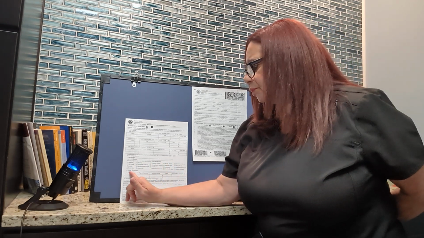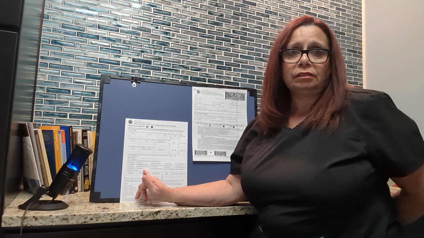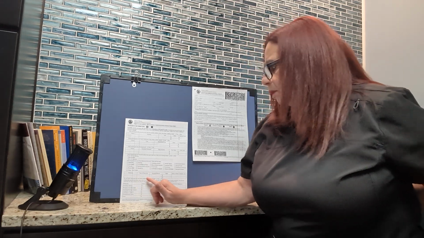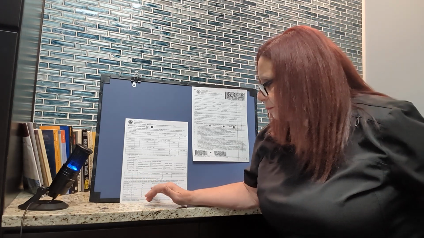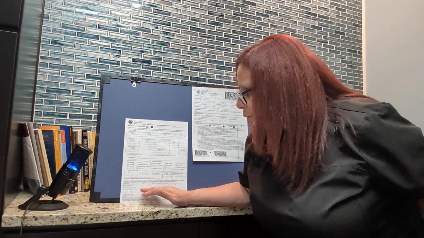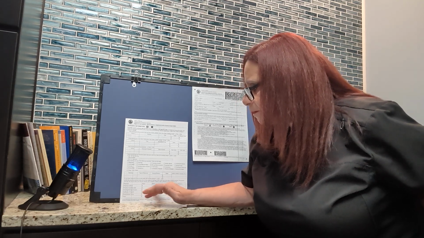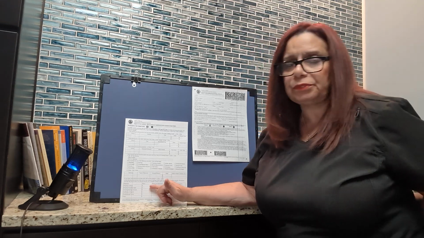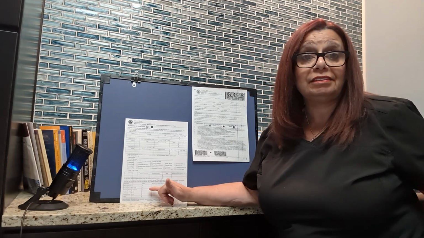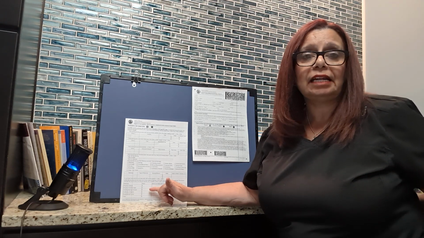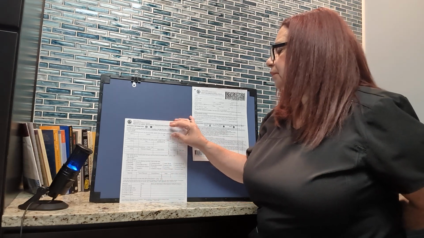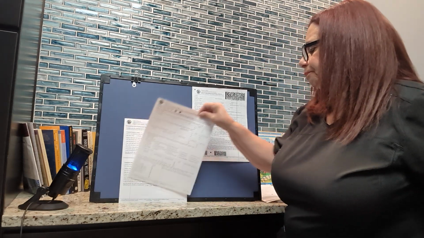If not, just put where it says other, none, right? On the bottom part here, it's going to ask you, do you own property in Illinois? Do you own other state properties? And if it doesn't pertain to you, you're going to put N-A, not applicable, right? Okay.